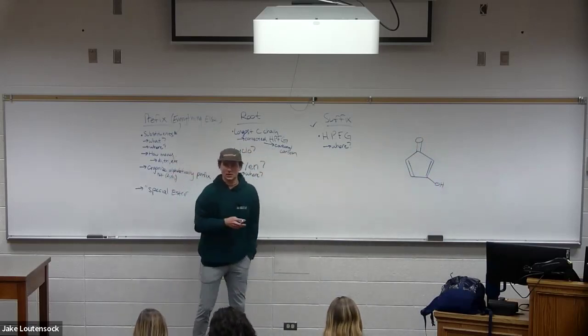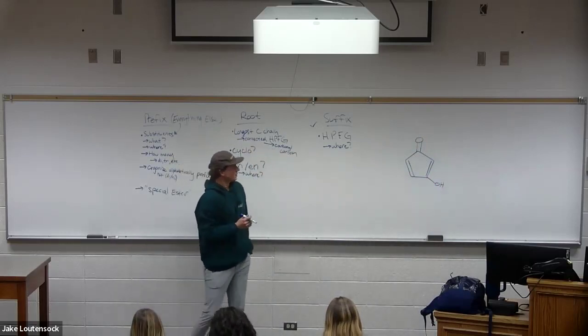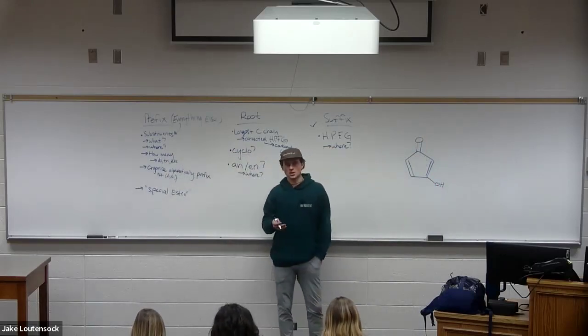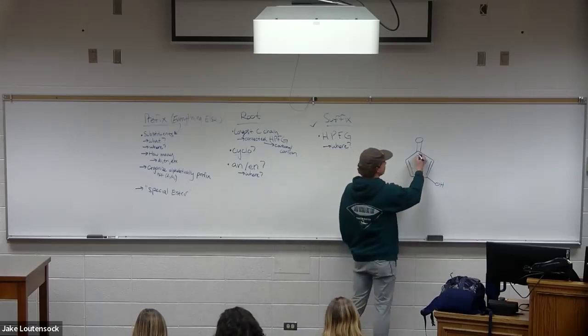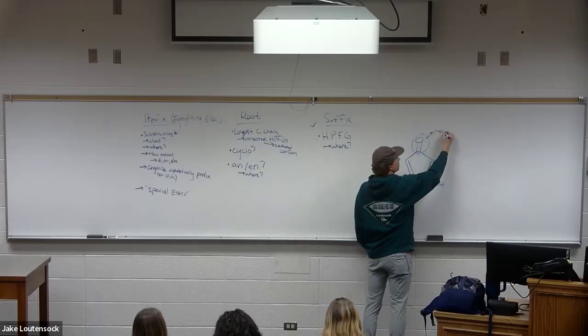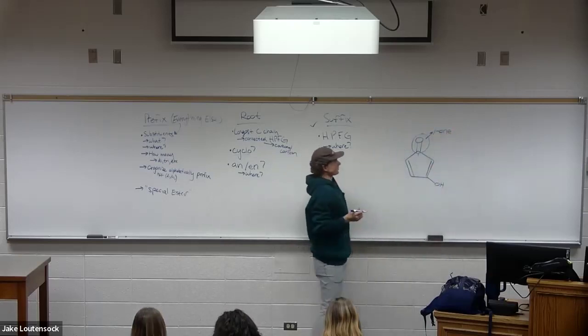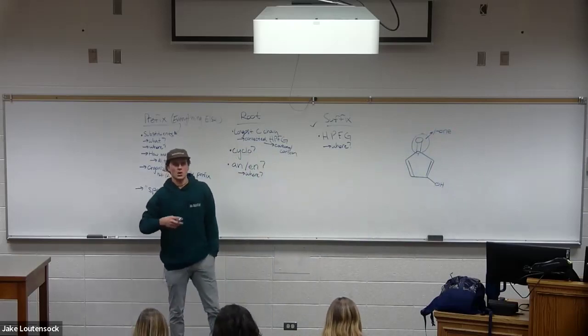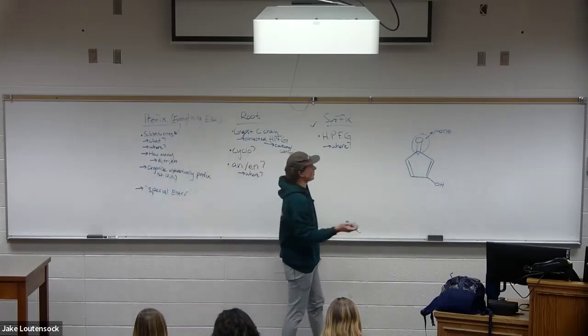Okay, let's jump through this one quickly. So remember, the first thing I'm always going to do is identify my highest priority functional group and tell the reader where it is. And the next thing I want to do is find my longest carbon chain that's connected to the carbonyl carbon.